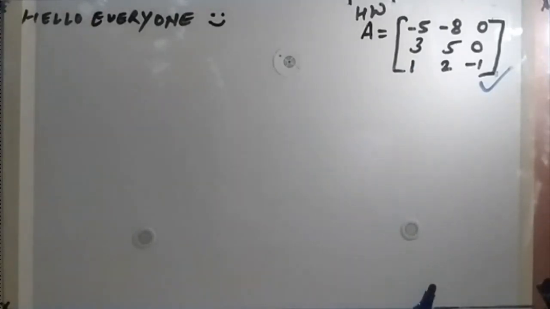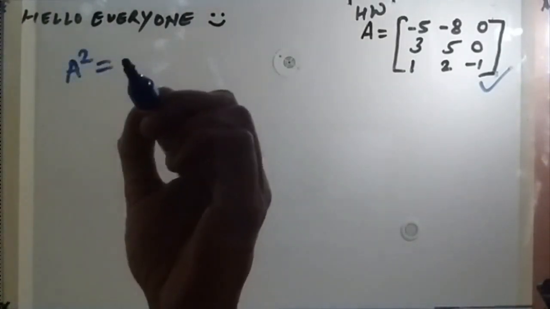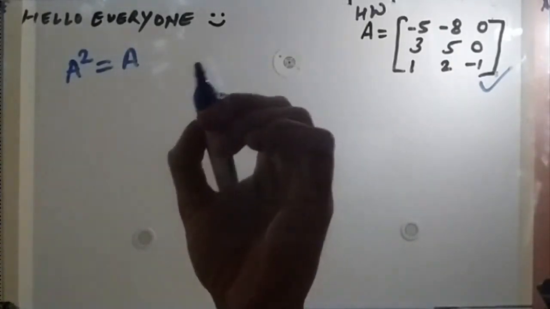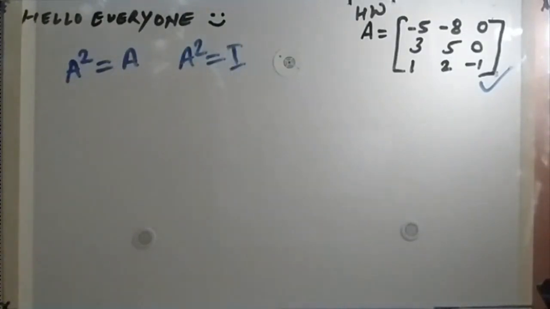As we know, for any matrix to be considered idempotent, it needs to satisfy the following equation, that is A square equals A, and for an involutory matrix it should satisfy A square equals I. So to check, we have to find A square first.